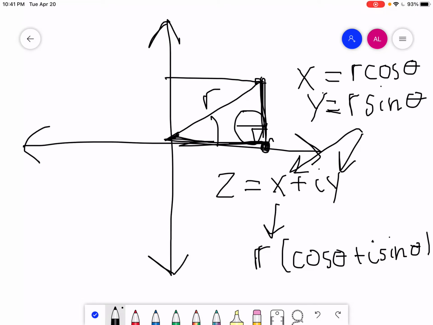Something else that might be helpful. So that's just how you convert from polar coordinates to rectangular coordinates. To find the radius, what you can do is use the Pythagorean theorem and take the square root of x squared plus y squared.